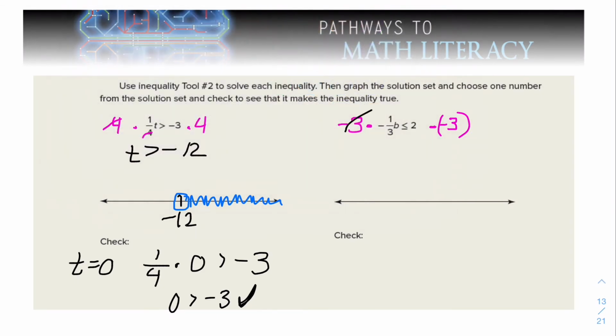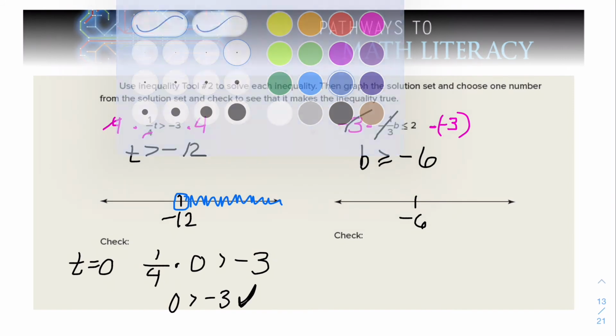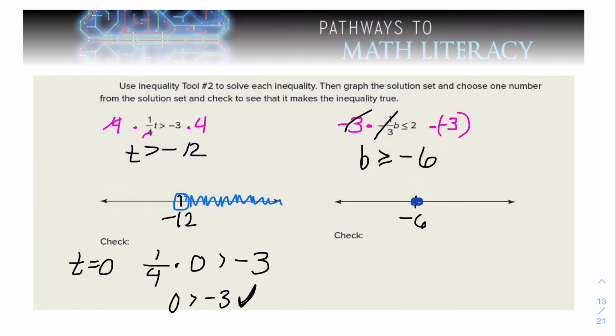So these cancel out, and you're just left with b. 2 times -3 is -6, but we have to flip that sign because it's a negative number that we're multiplying by. So we get b is greater than or equal to -6. -6 is our starting point. I can equal this, and I can pick any value greater than it.